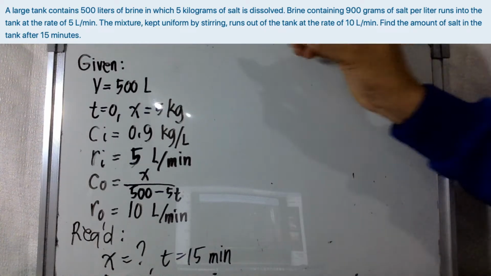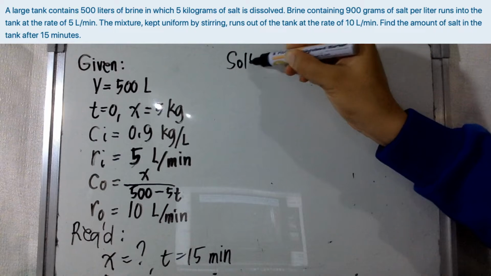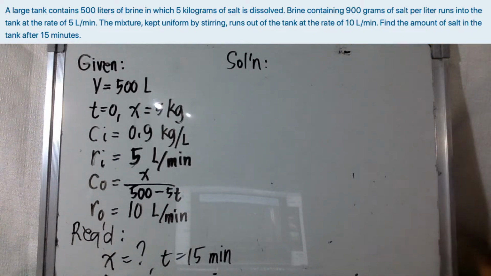Okay, now we write the solution. In mixing problems, the rate of change is equal to the difference of the rate in minus rate out.